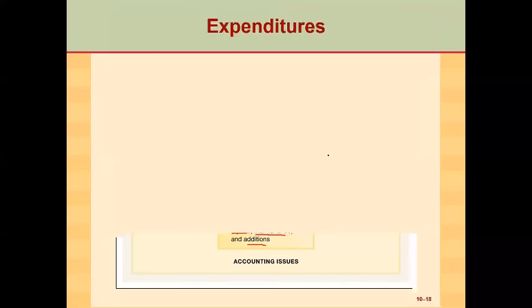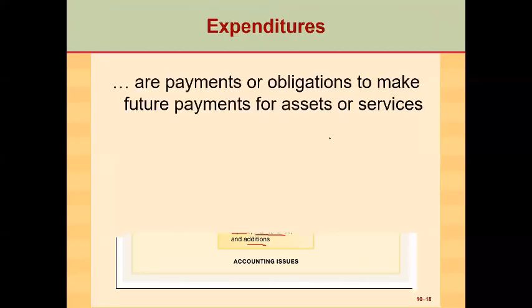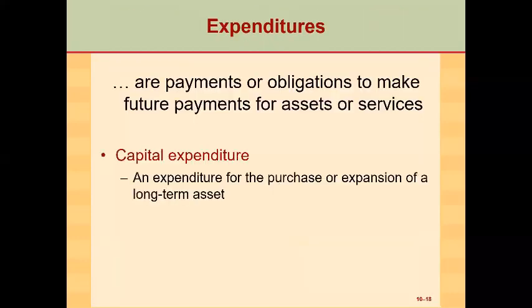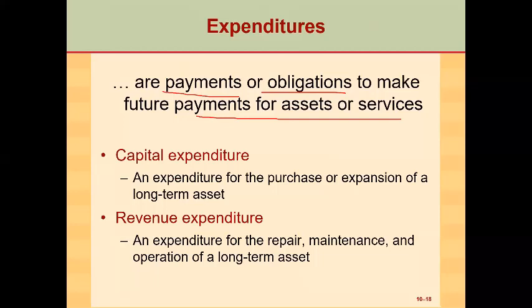Let's first explain what we mean by expenditure, related to subsequent expenditure during the use of the asset. Expenditures are payments, or obligations to make future payments, for assets or services. It is divided into 2 types, capital and revenue.